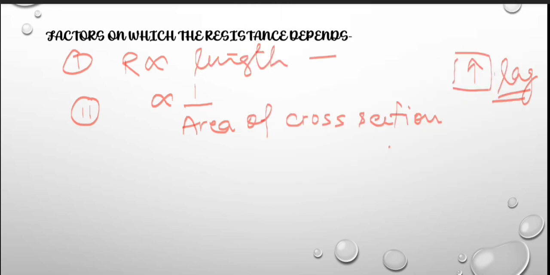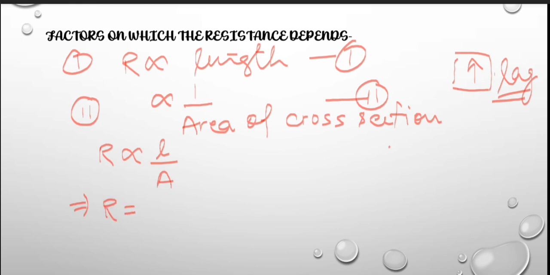According to these two equations, let us consider this as equation 1 and this as equation 2: resistance is directly proportional to length and inversely proportional to area. When we remove the proportionality sign, we have to put a constant, and the rest is rho L upon A. So this is the next formula of resistance that we have to study.